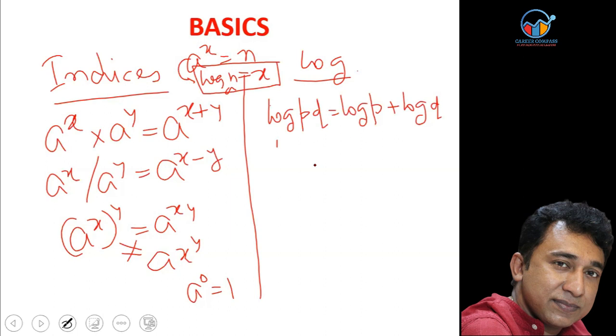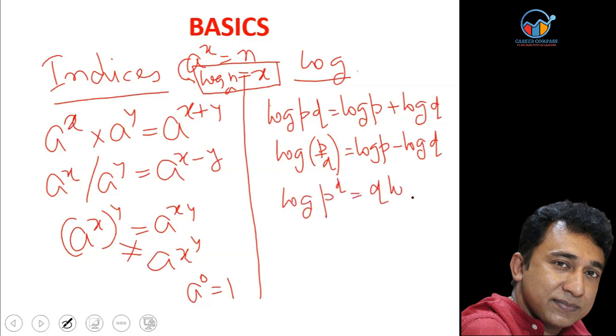Similarly, log of p by q happens to be log of p minus log of q. Log of p to the power q happens to be q times log of p. Also, you should know this, log of p base q can be written as log of p divided by log of q. And of course, log of 1 is equal to 0.